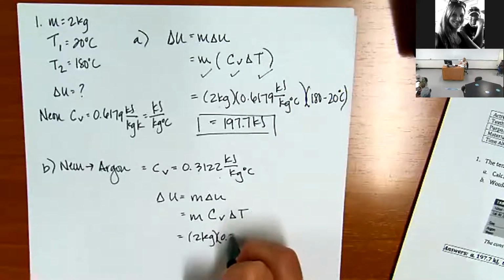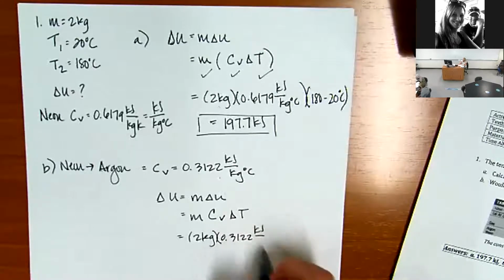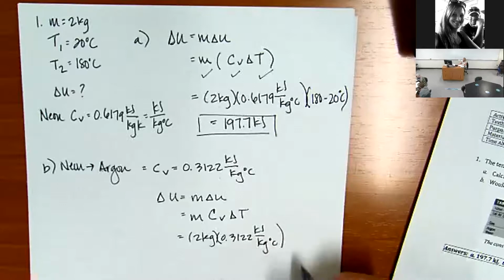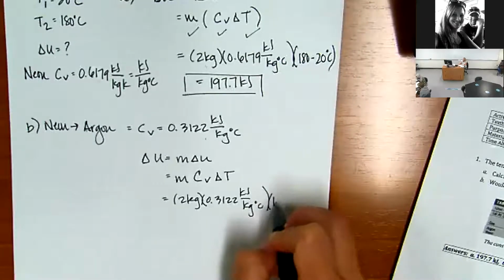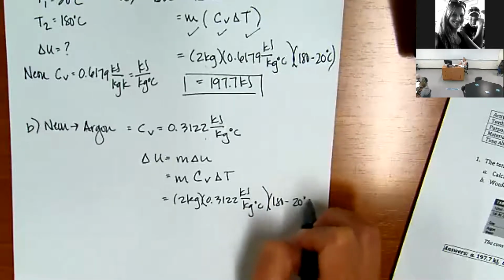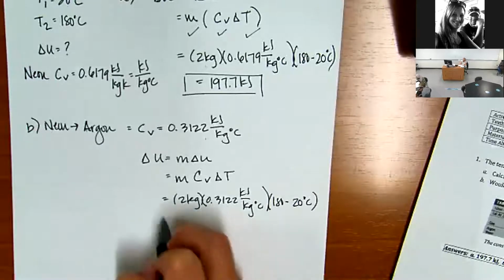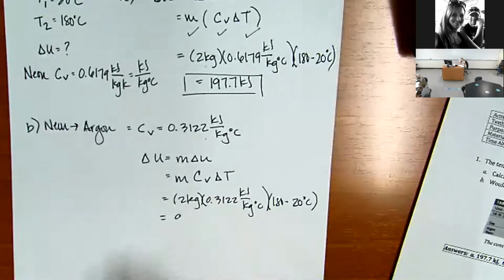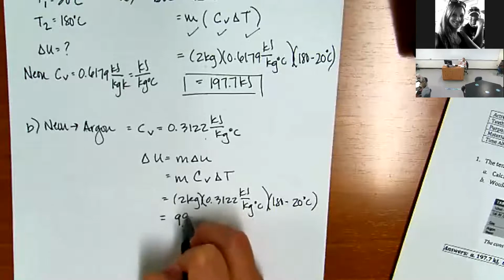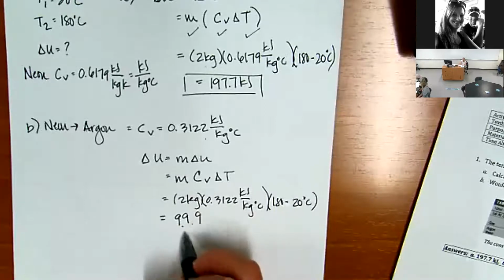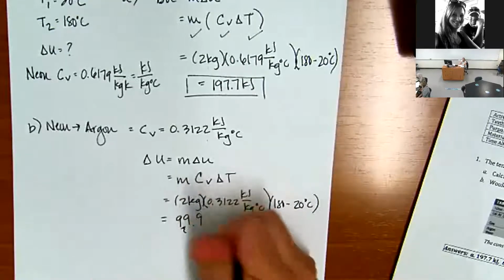So 0.3122 kilojoules per kilogram degree Celsius, and then delta T, once again, 180 minus 20 degrees. So this gives us 99.9 kilojoules.